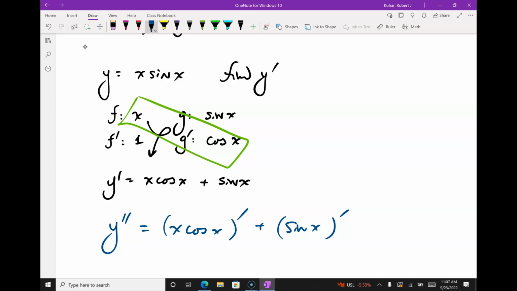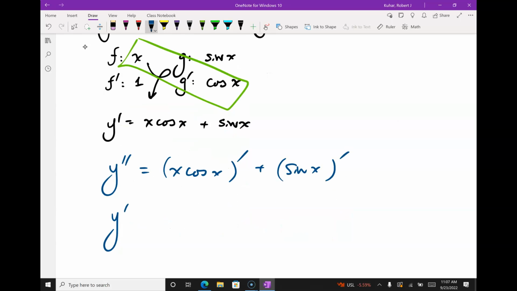Why am I waiting to do the x cos x derivative? Because I have to use what rule? Product rule. But I know the derivative of sine already, don't I? It's cosine.